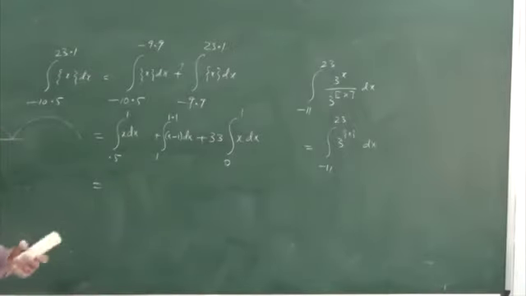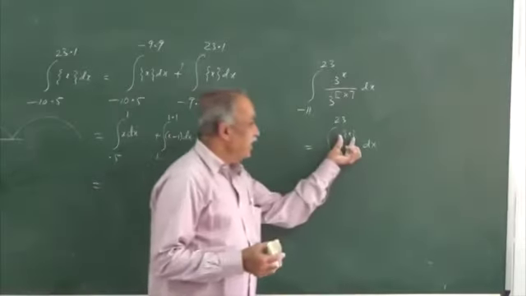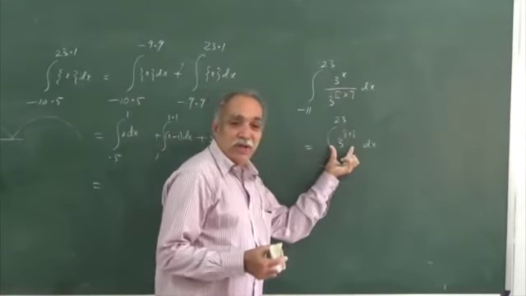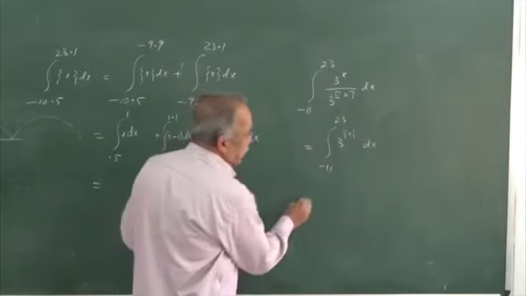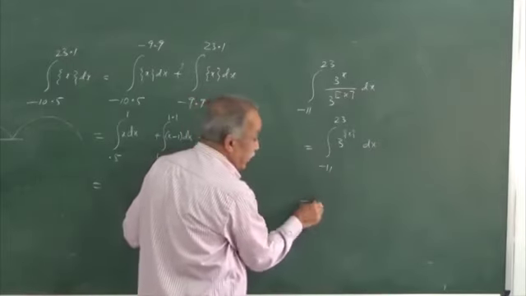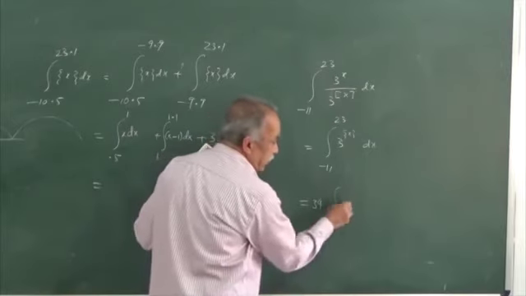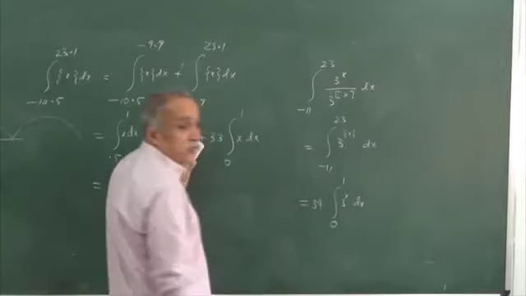That is the important thing that you have to notice. This is a periodic function with period 1. Therefore, this also will be a periodic function with period 1. Therefore, the integral is expressible as 34 times the integral of 3 to the power x dx to be integrated from 0 to 1.